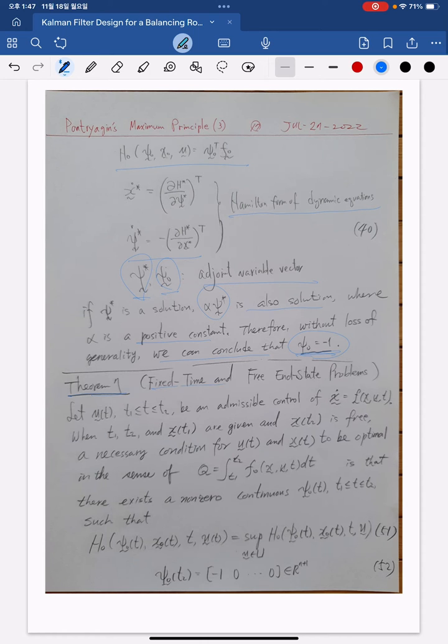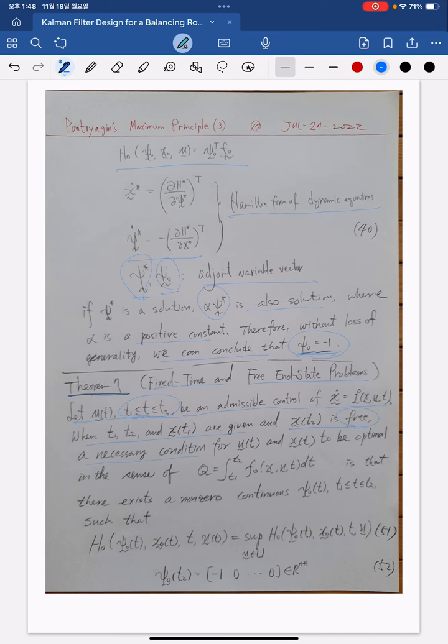Theorem 7, fixed time and free end state problems. Let u(t), t in [t1, t2], be an admissible control of x dot equals f(x, u(t)), where t1, t2, x(t1) are given and x(t2) is free.